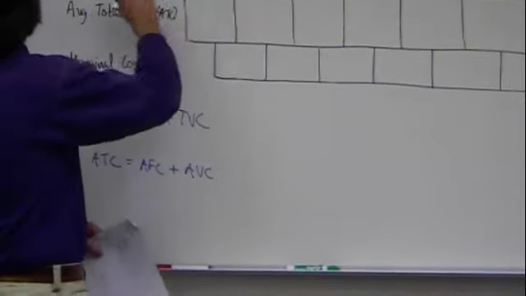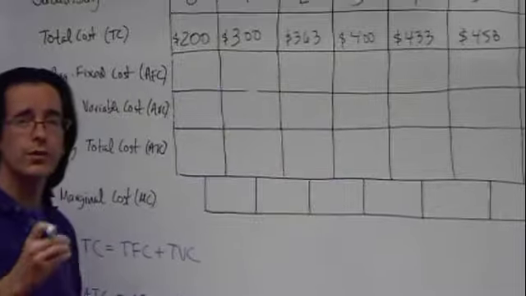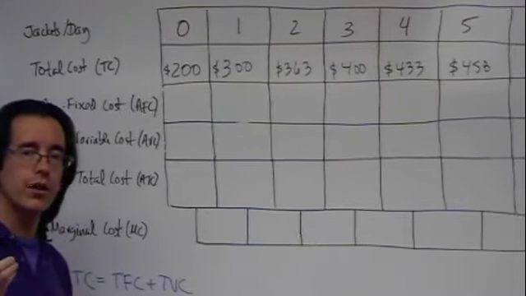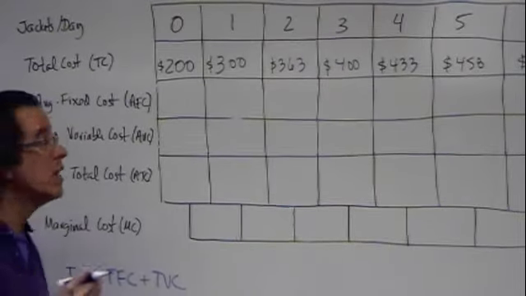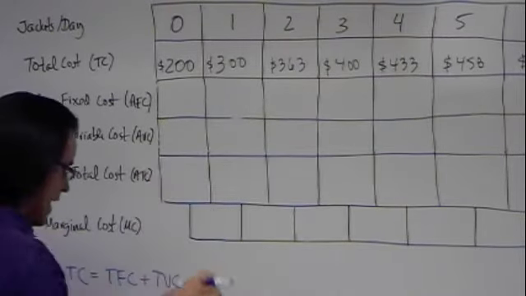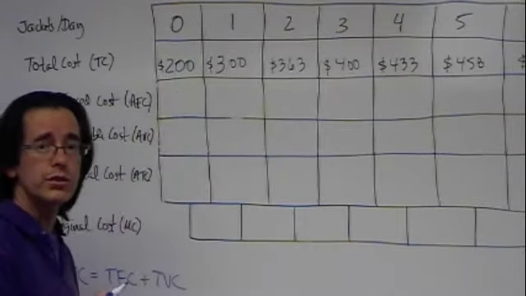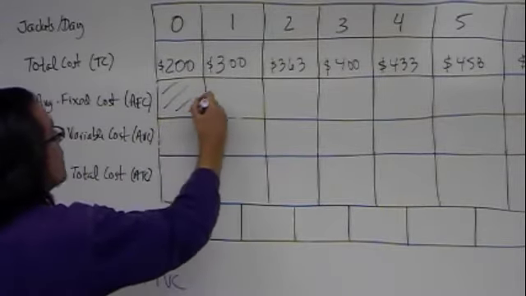Okay, so we'll start. What are our average fixed costs? Well, remember, regardless of the level of output, our fixed costs are always the same. It's always 200. So if we're looking at the average fixed cost, it won't make sense when we're producing 0, so we'll not mark that.